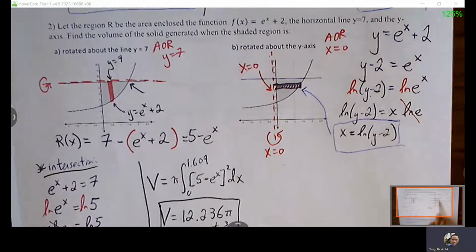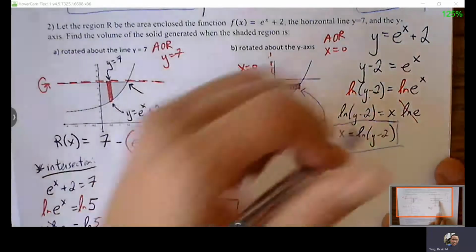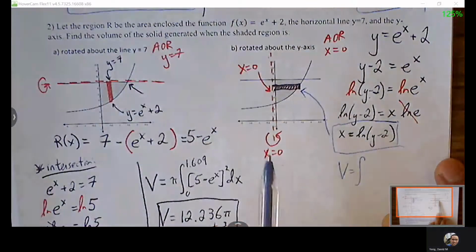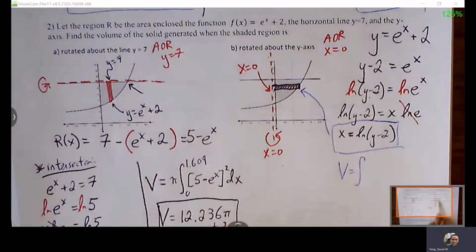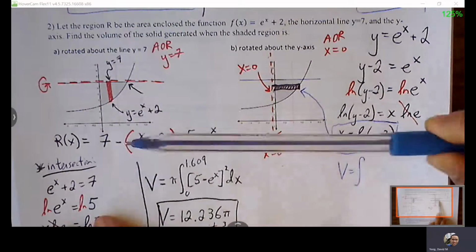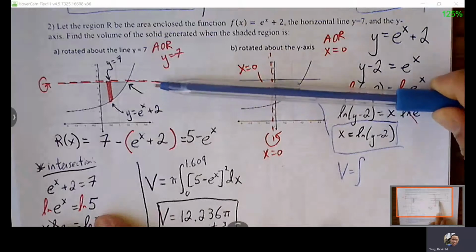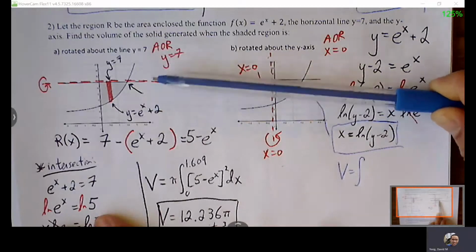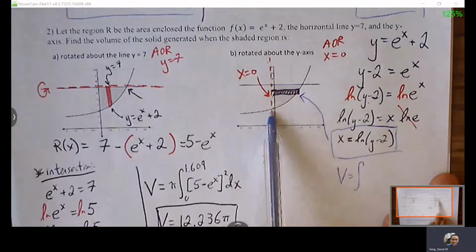Okay, we're now about ready to start building our volume formula. Now, look at your radius here. Radius is horizontal, so that means you're stacking these disks from all the way down here to all the way up here. Okay. How do you think we can go about finding this y value here?